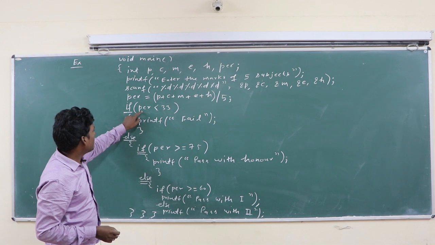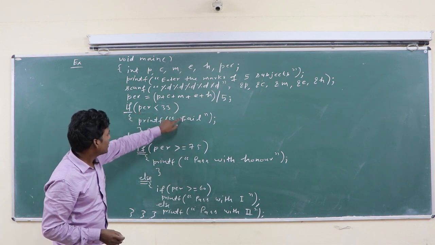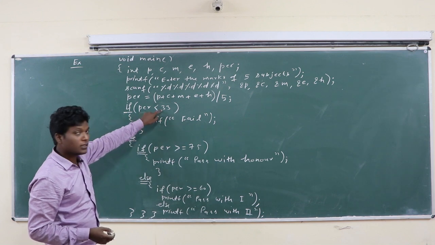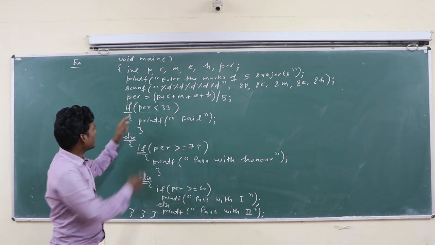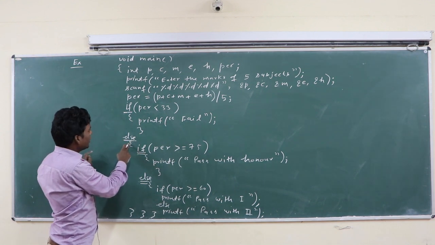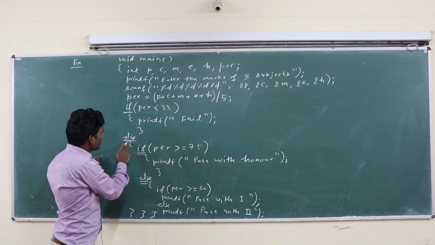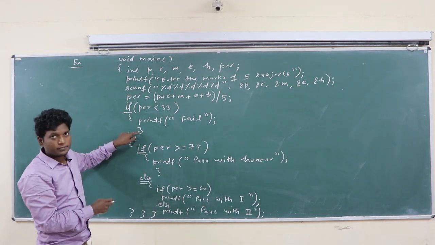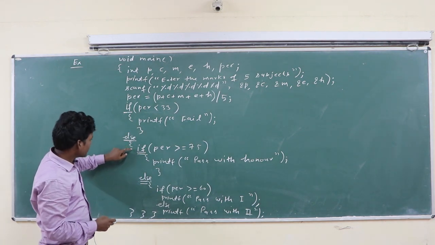So if percentage is less than 33, he is failed. If percentage is greater than 33, meaning the condition is false, then its else will start, and its else will start when this if is closed.